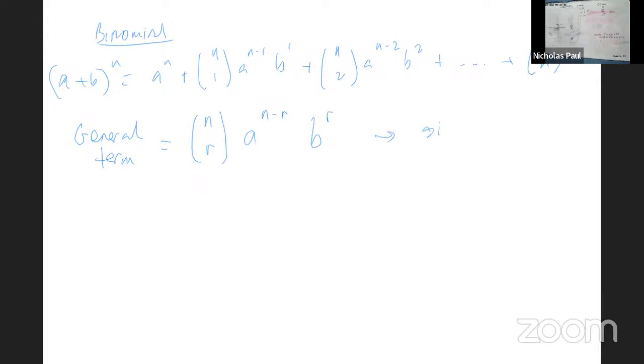And this gives the r plus 1 term. I want to show you how to use this, right? So this is a general form here. It helps you in the expansion, so you don't always have to go and do the entire thing. Copy it down.